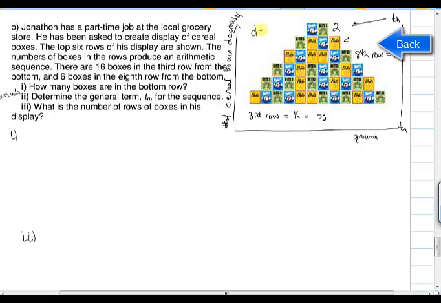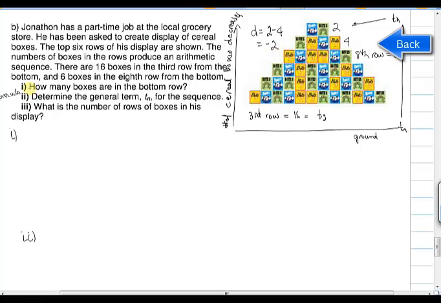And so if I want to calculate D, I take 2 minus 4 to get negative 2. Okay, and I know it's negative because the number of cereal boxes is decreasing, so that's why I know that I have to go 2 minus 4 to get the negative 2.